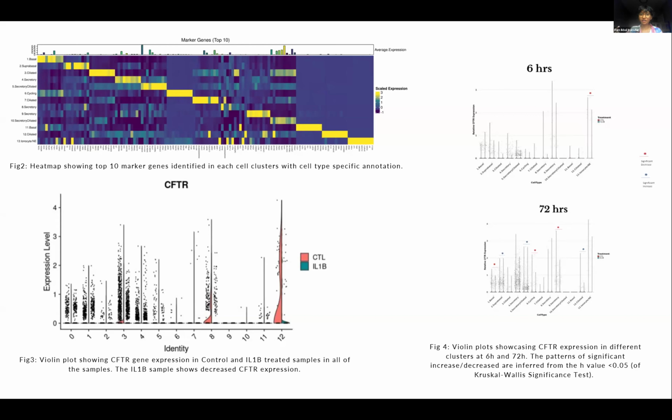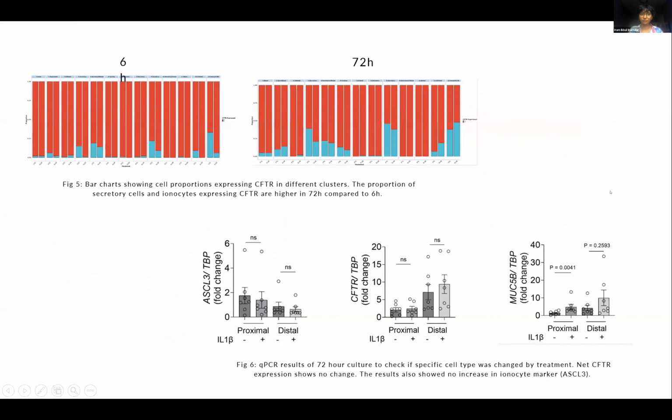After this, we were not able to have a conclusive enough analysis of which cell type is producing how much CFTR. So we analyzed how much of the cell proportion, or how many of the cells in each cluster, was producing CFTR.